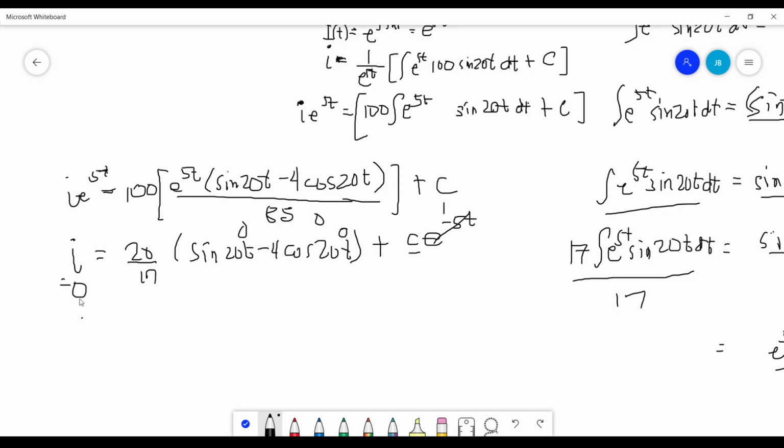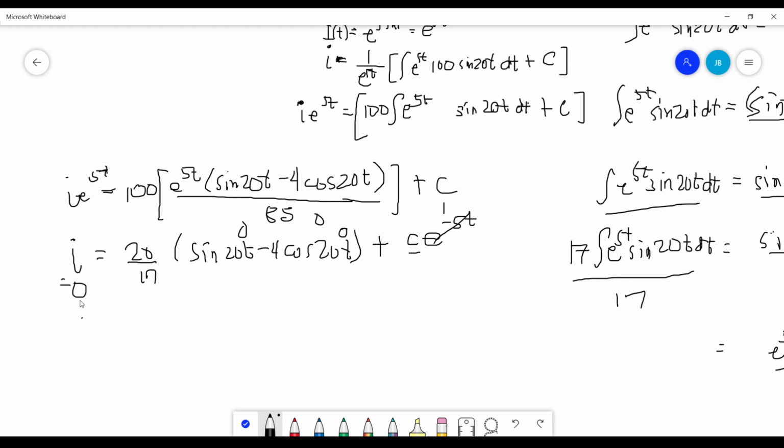If you're going to use your calculator, since it's 0, just substitute directly: 20 over 17 times sine 0 minus 4 cos 0.